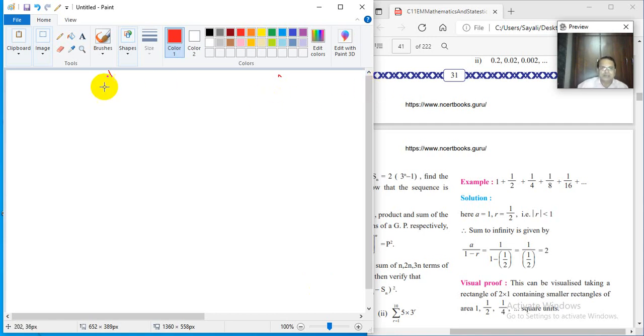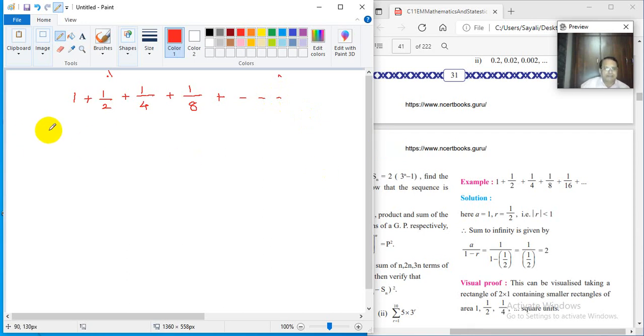Now here is a problem, and you will use this idea here. What is 1 + 1/2 + 1/4 + 1/8 and so on? You are not asked to find the sum of n terms. All these terms we have to add.